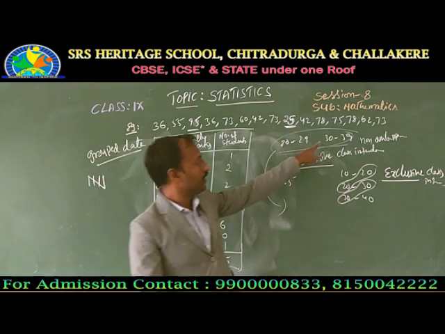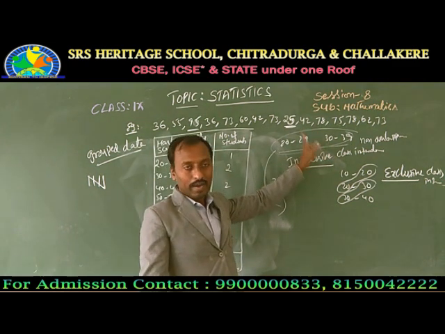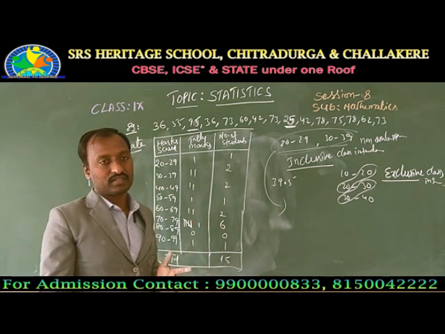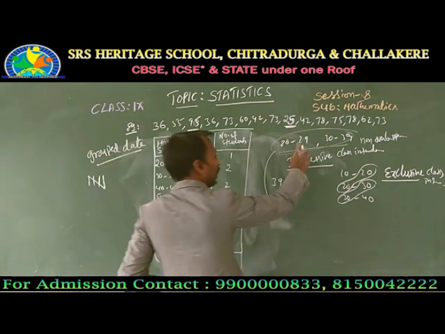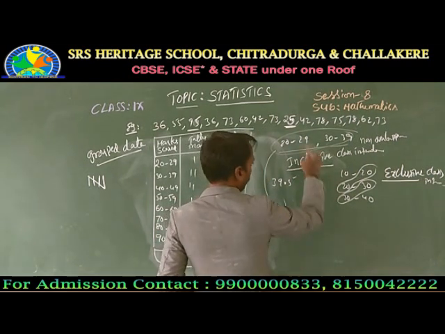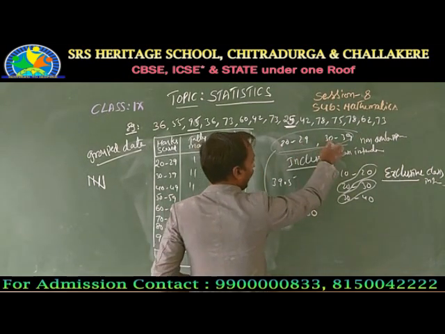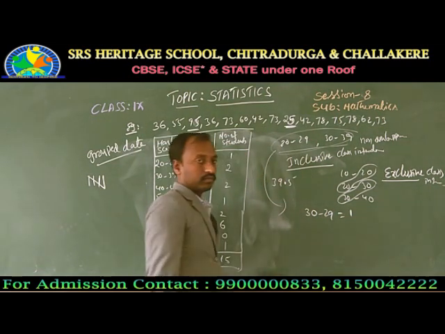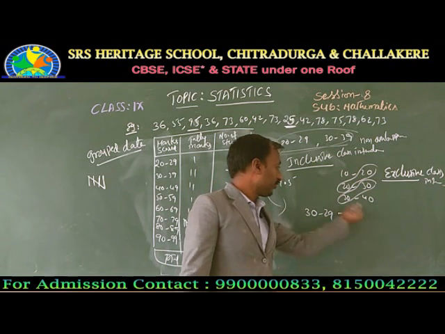What is the upper limit of this one? 29, and the lower limit of the next class is 30. The difference between them is 1.